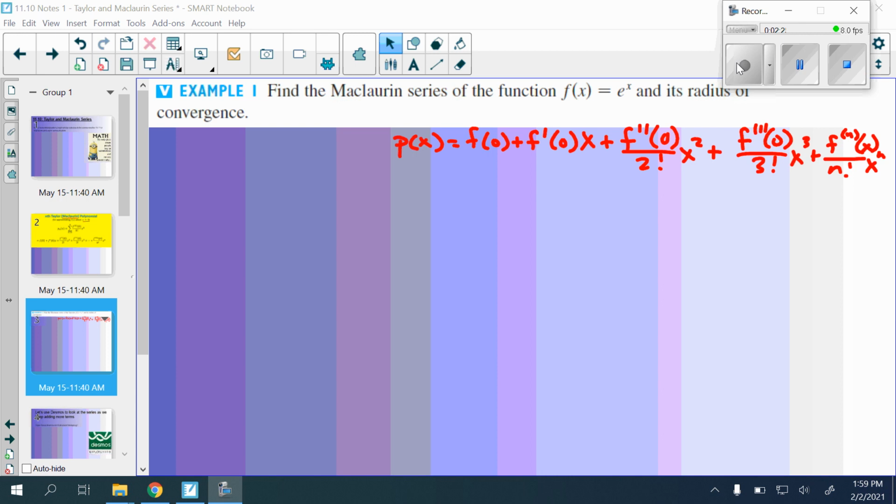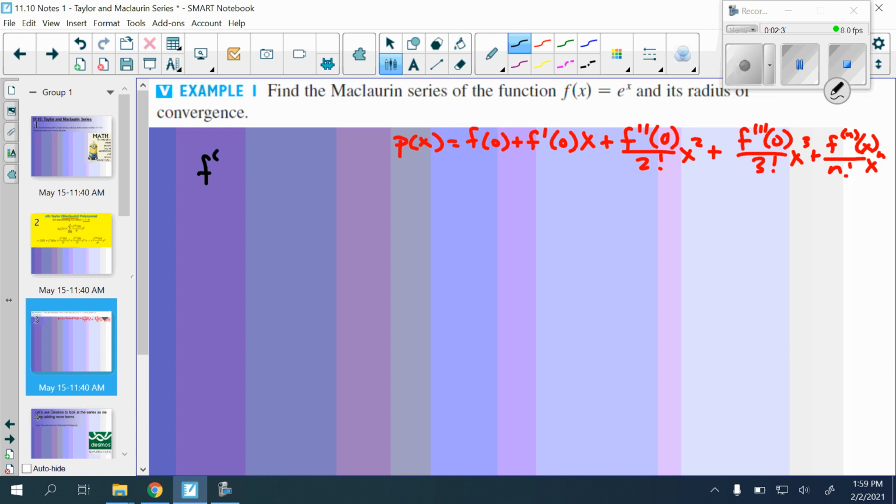Now, what we're going to do is find out what are those derivatives. So we're going to, over here, come up with a table to find those values out. So we want to know what's the nth derivative, so the different derivatives of x here, and what are those derivatives at 0.